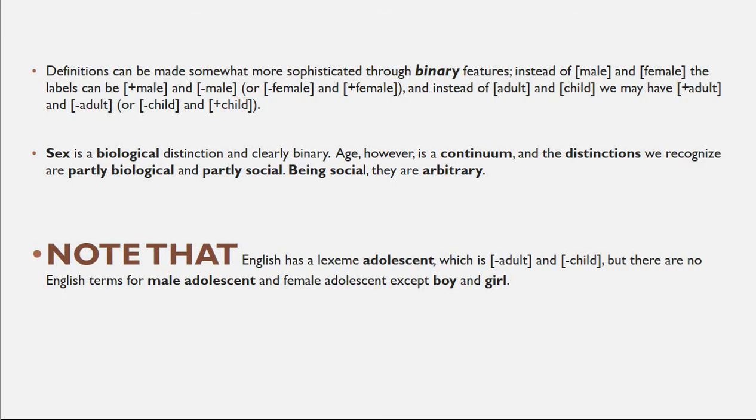Age, however, is a continuum, like devam eden, and the distinctions we recognize are partly biological and partly social. So being social, they are arbitrary. So note that English has a lexeme adolescence, which is minus adult and minus child, but there are no English terms for male adolescence and female adolescence except boy and girl.